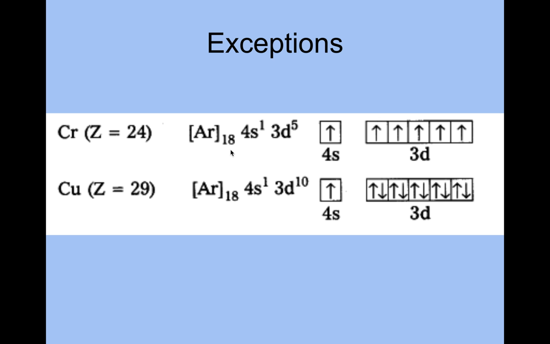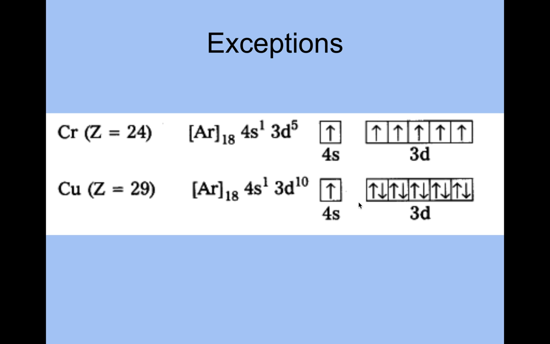Argon is 18, right? So after 18 for chromium, it's 4s1 3d5. Why? Because it would be more stable to give each of these orbitals one electron than it would be to pair up the 4s and only partially fill the 3d orbital to 4 electrons.